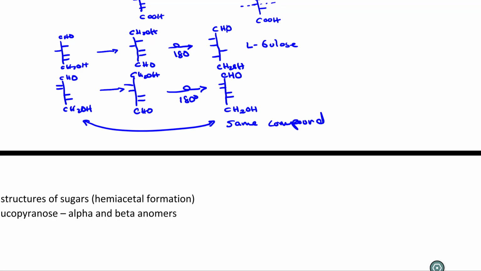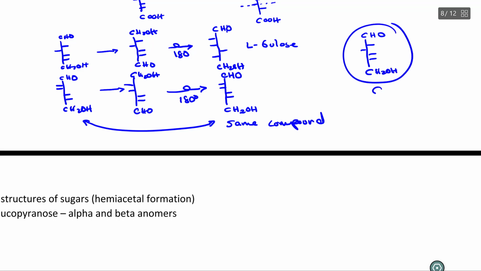And so that told him that glucose's structure must be this one, based on the top molecule, CHO at the top, and then CH2OH. Now, so this is D-glucose. And from this kind of analysis, he automatically knows which one is mannose, and he can do the assignments of structures of all the aldohexoses.